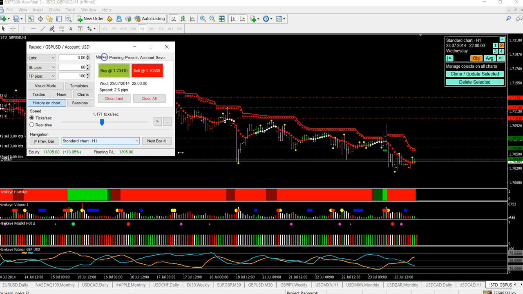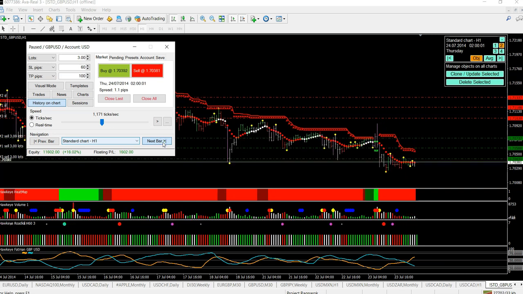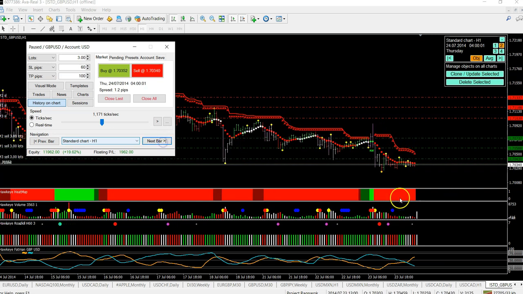Keep that in mind. Let's go back and continue. See how the red Momentum Heat Map by Hawkeye Traders favors short. Remember, this is data all going back to 2014 for the Great British Pound against the US dollar.